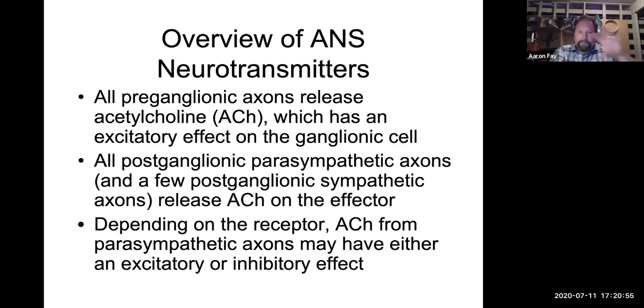So all preganglionic axons, sympathetic and parasympathetic, release acetylcholine. Neuron number 1 always releases acetylcholine, which always stimulates neuron number 2. For neuron number 2, postganglionic, in the case of parasympathetic axons, they will all release acetylcholine on their effector. And that acetylcholine may excite or it may actually inhibit. Don't worry, I'll have a table that summarizes all of this in a second.